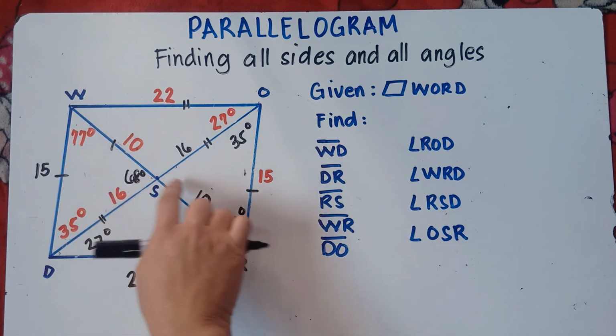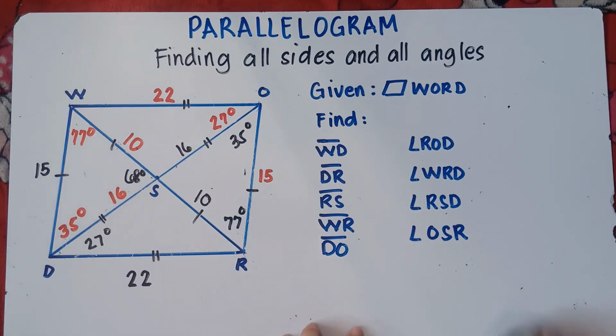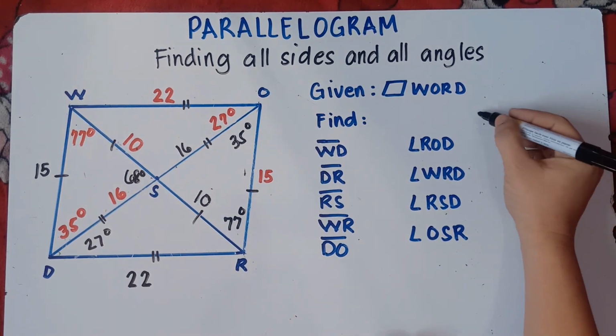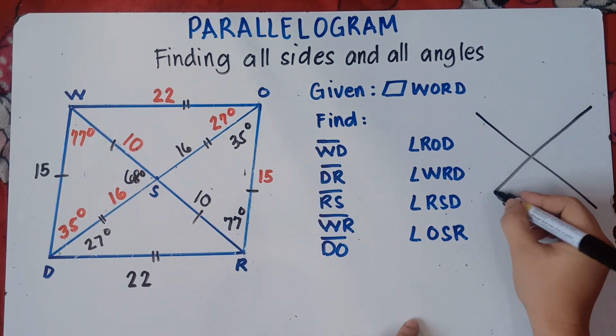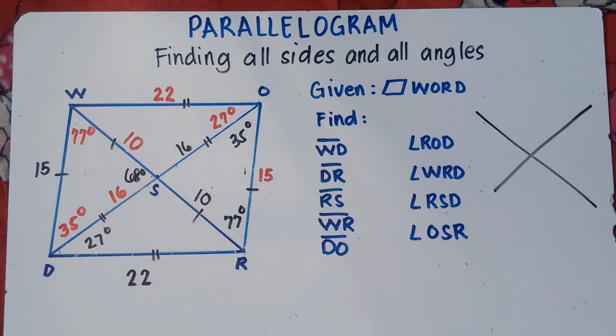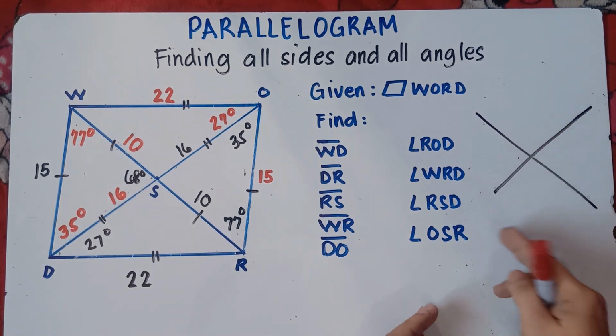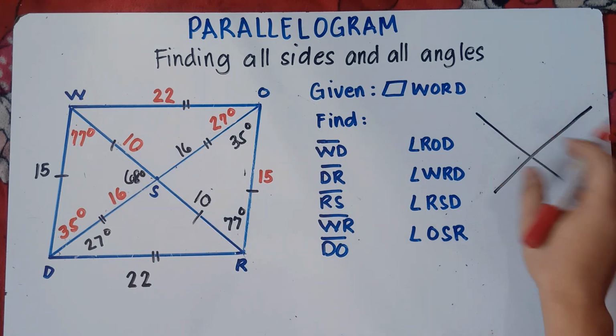Now we have vertical angles. What do you mean by vertical angles, sir? Now if you have two intersecting lines, once again, class, vertical angles are congruent. If you have two lines that intersect each other, they form vertical angles.